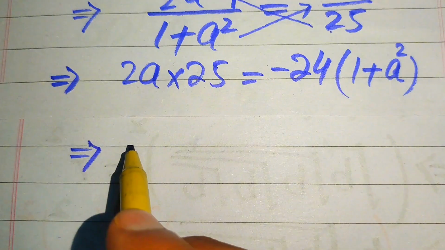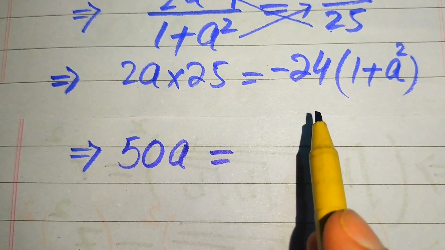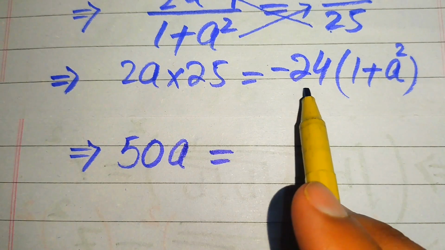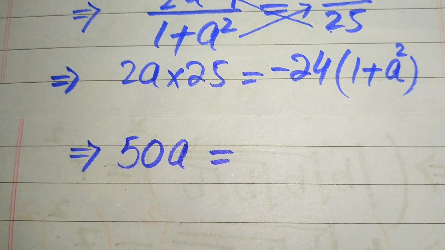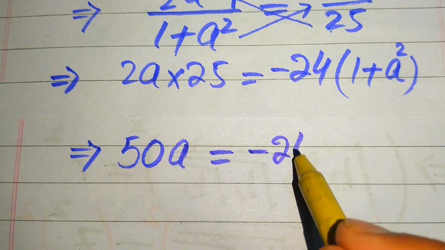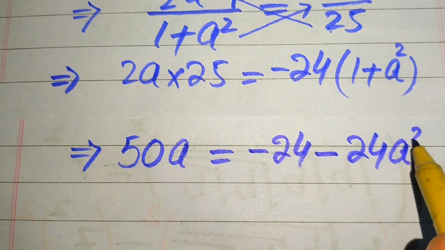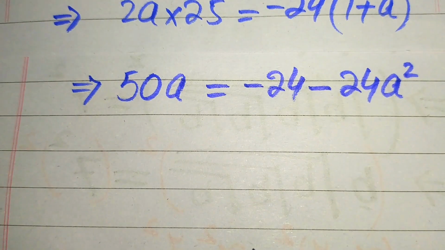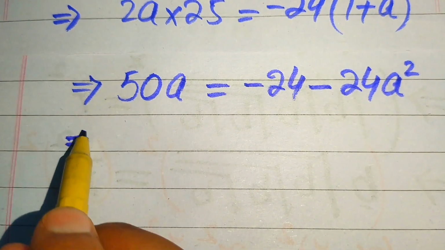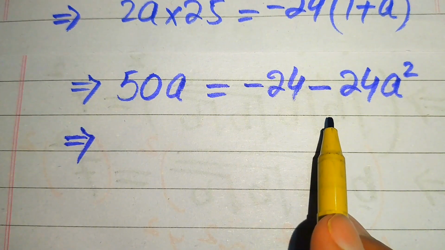Now in the next step we need more simplification, and this will be written as: 2 times 25 becomes 50 times a is equal to, here we multiply minus 24 separately on both of these two values, and it will be written as minus 24 minus 24 times a square. Now we move all the terms from the right hand side to the left hand side.